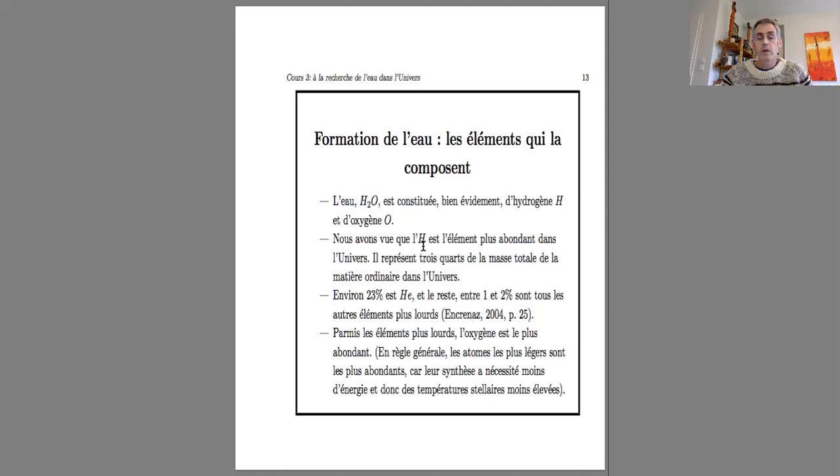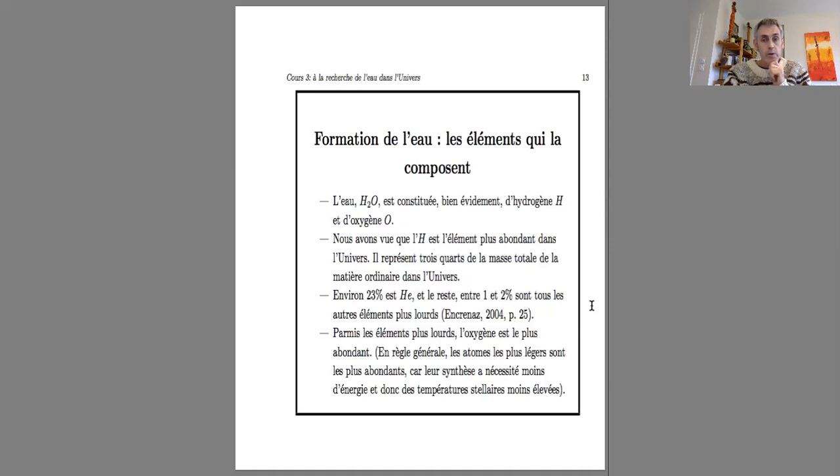Among all the ordinary matter, hydrogen is the most abundant because it was created during the Big Bang. There was helium produced during the Big Bang as well, and it represents a little bit less than 1/4 of the ordinary matter.